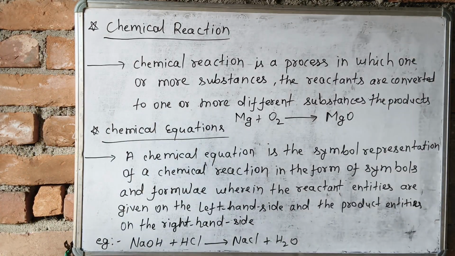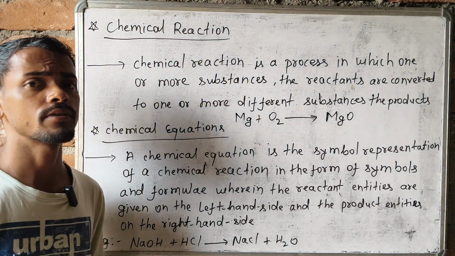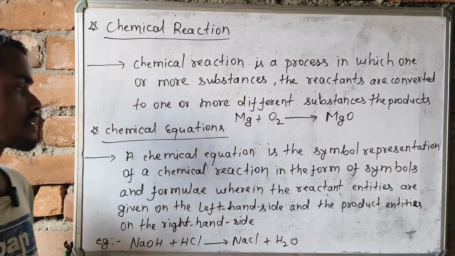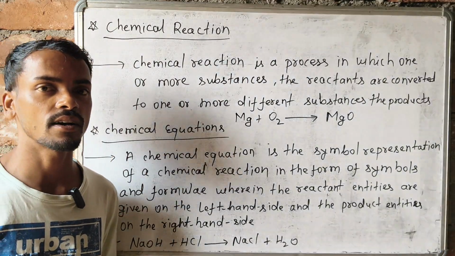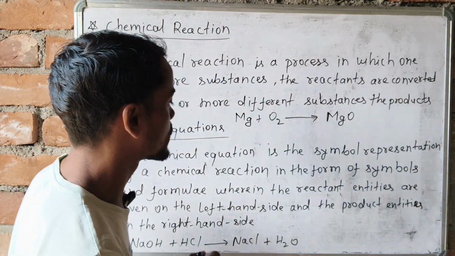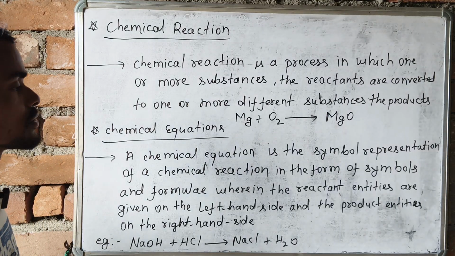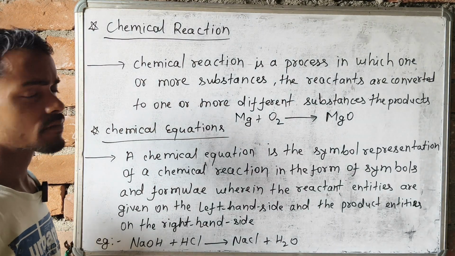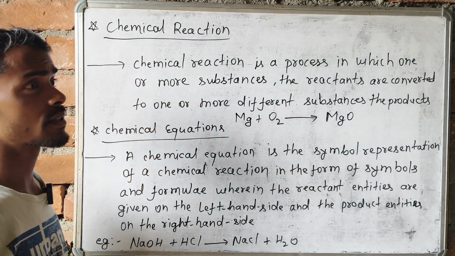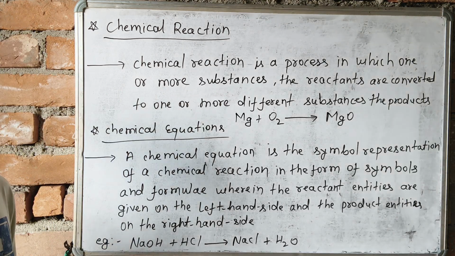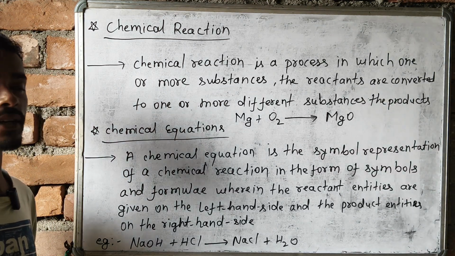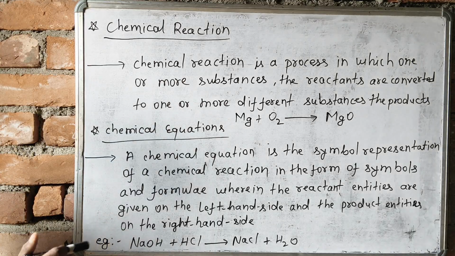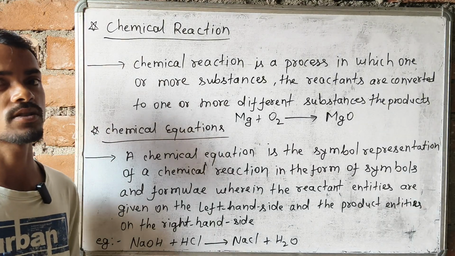What did I tell you right now? That is what the chemical equation definition is telling you. In a chemical reaction we cannot write everything in a long process.